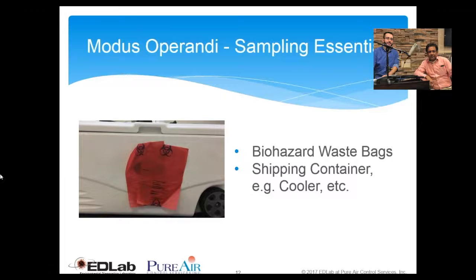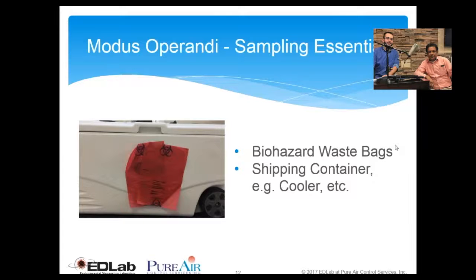Especially when you are collecting multiple samples in one episode, you should have something to contain all the collected samples. A good idea, if you are collecting a large volume, is to carry a container such as a cooler, especially one on wheels, so that you don't have to lift, because this sometimes gets very heavy if you are collecting 100 or more samples.